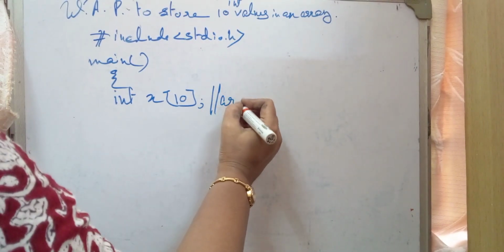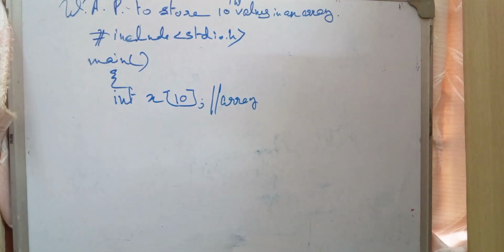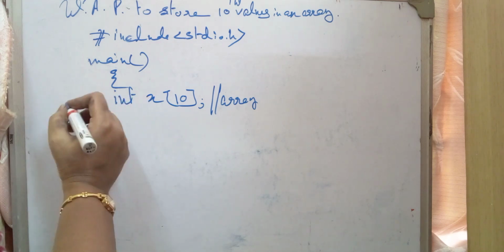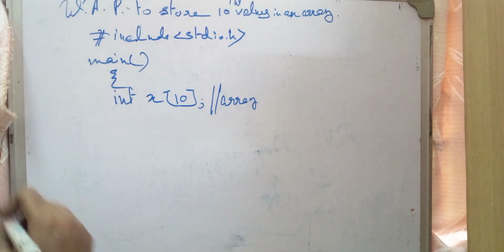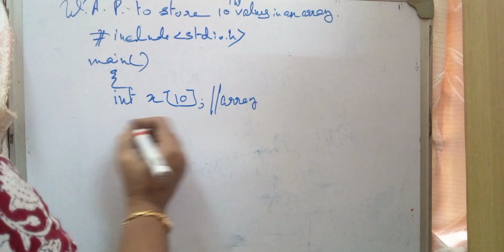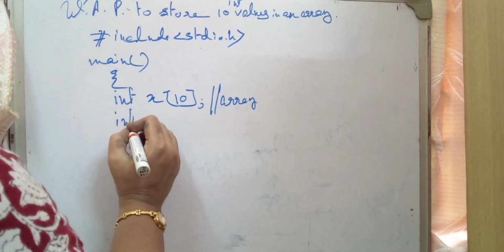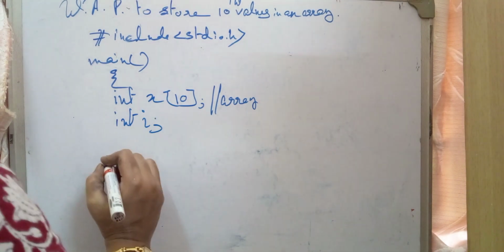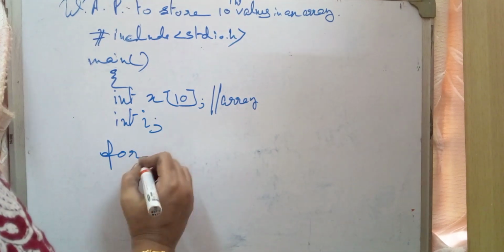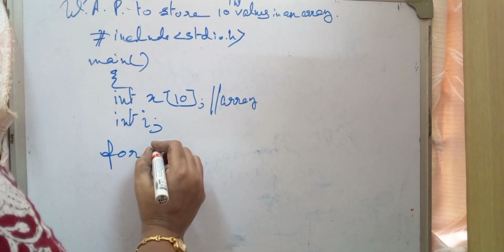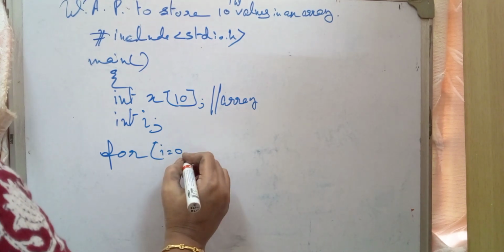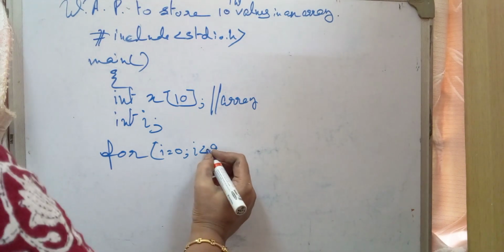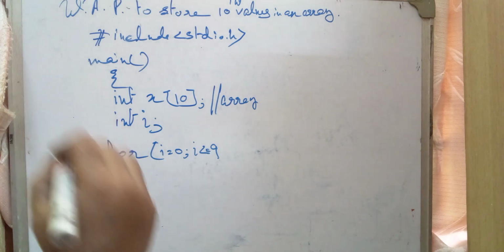This is the array declaration. In the case of automatic, we don't need to use auto, we know that. Now we need another thing: we'll use a loop.